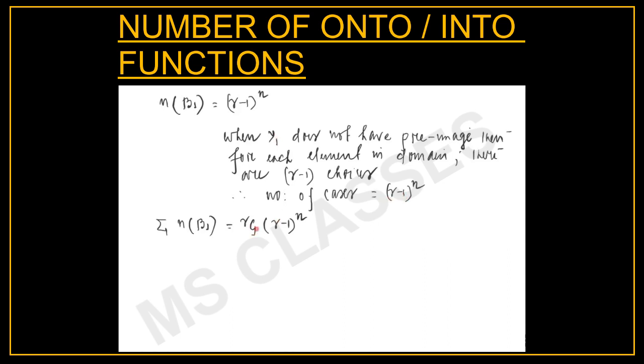So rC1 means r cases. The summation of N(B1) means N(B1) plus N(B2) plus N(B3) up to N(Br). That is the reason it is r times this, so I have written rC1 times (r minus 1) to the power of n. This represents the number of choices such that one element doesn't have a preimage.